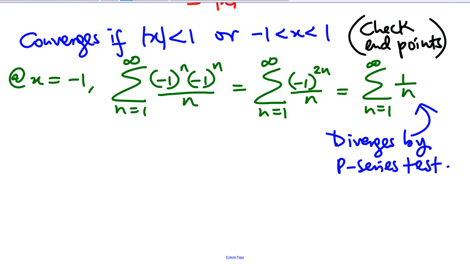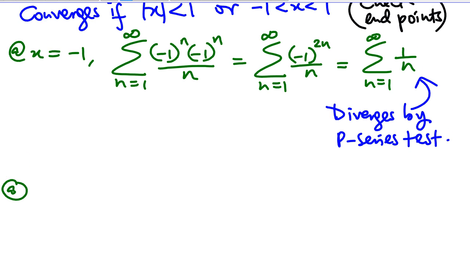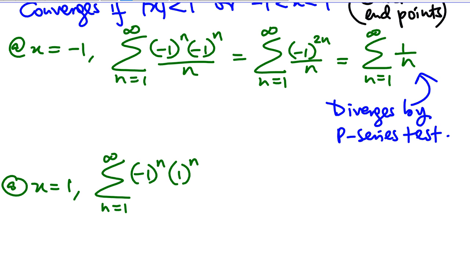Okay, and then we can also go ahead and find out what's going on at x equals 1. So at x equals 1, our series becomes, replacing x with 1, negative 1 to the power n, 1 to the power n over n, which simplifies this to an alternating series.